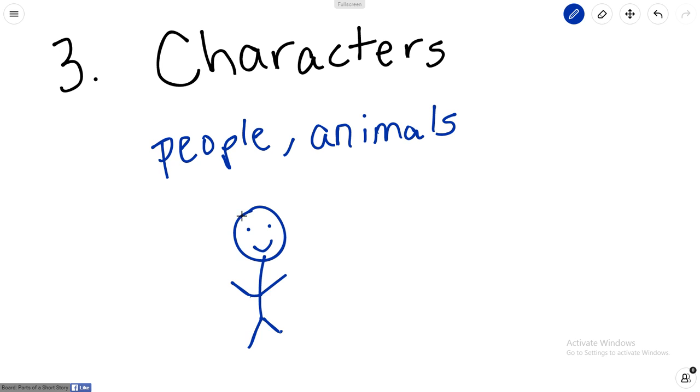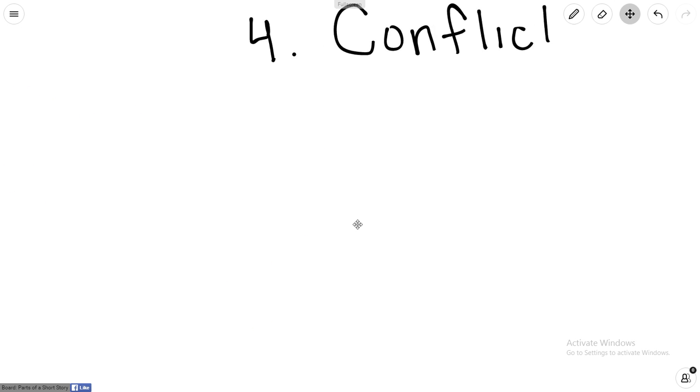So we're going to go over that because depending on how important this person is to the plot of your story, your character is going to be different. Okay? They're going to have different qualities that either make them a main character or allow them to fall back into the background. And we'll talk about that next time. Character is very simple.